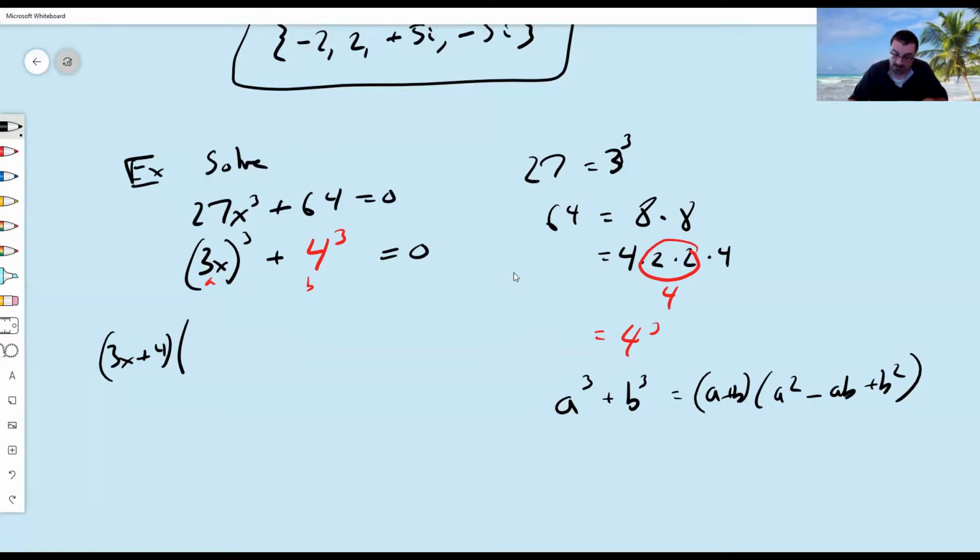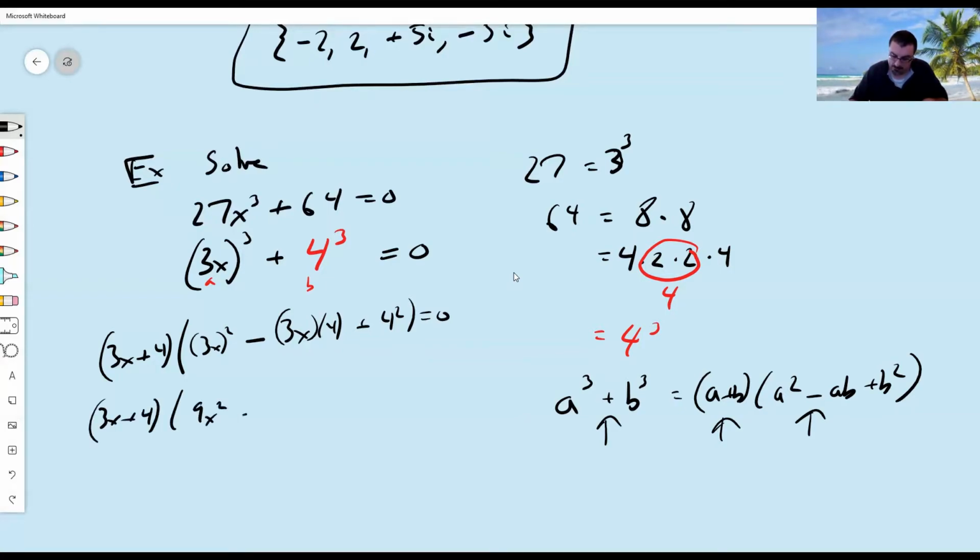This can be a squared, so 3x squared, minus 3x times 4, plus 4 squared, equals 0. So 9x squared minus 12x plus 16 equals 0.